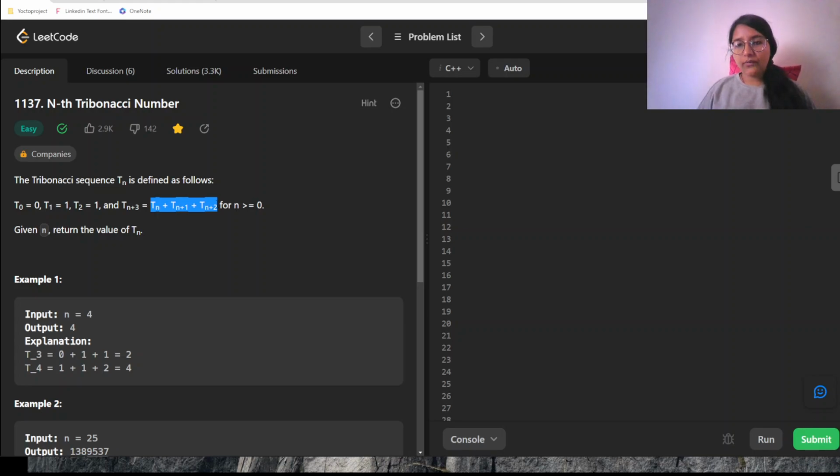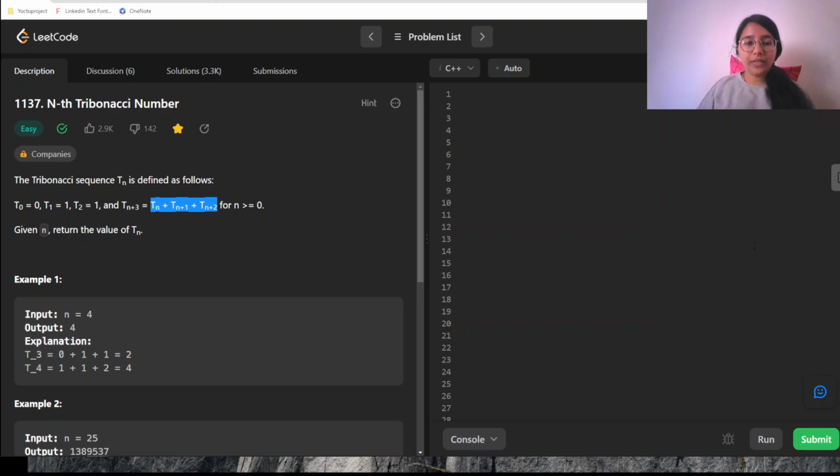So basically, the last three numbers that we have, we are required to add up, and that will become our Tn+3 term. And this will hold true for all n greater than or equal to 0.